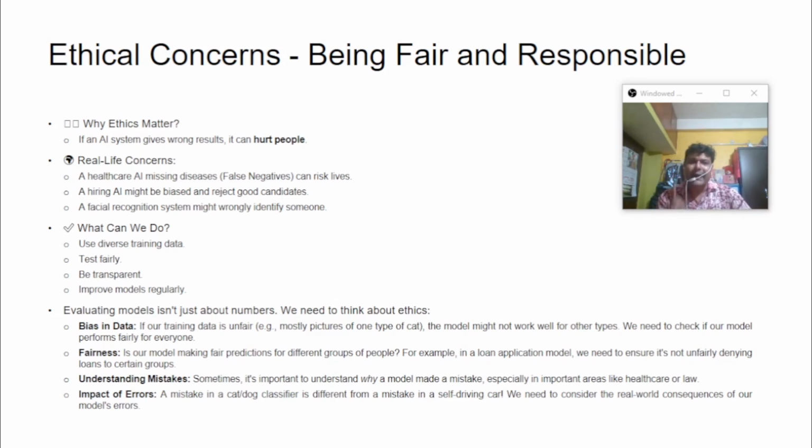A hiring AI might be biased and reject good candidates. And a facial recognition system might wrongly identify someone. These are all real life examples of ethical concern. What can we do? Use diverse training data, test fairly, be transparent, improve models regularly.